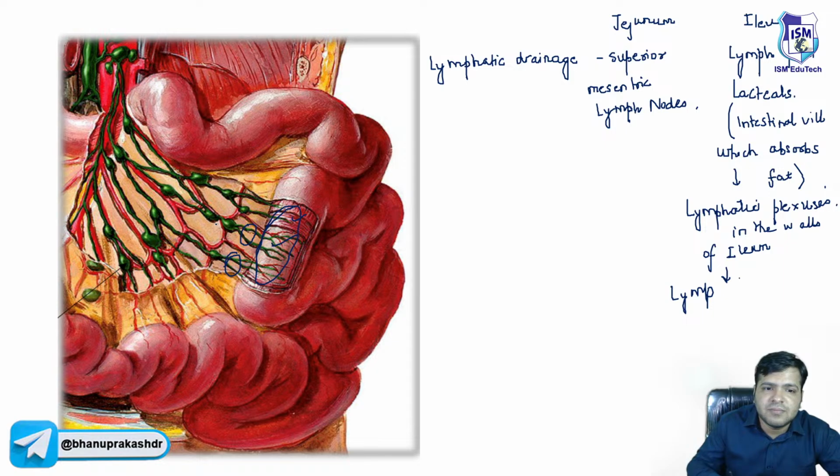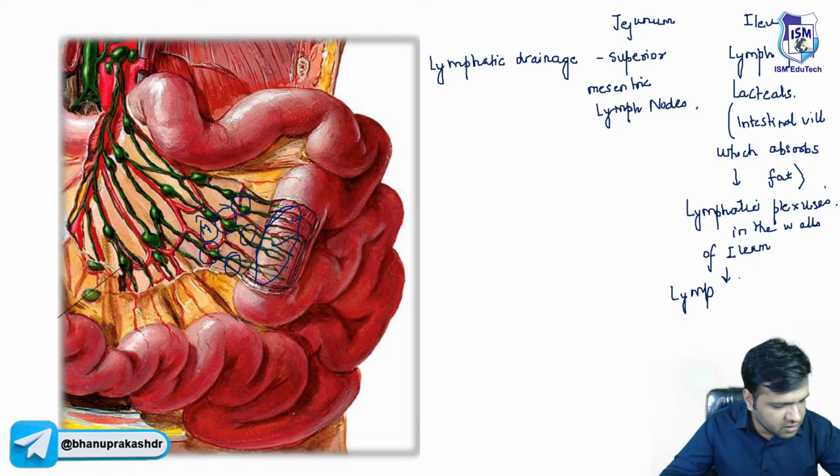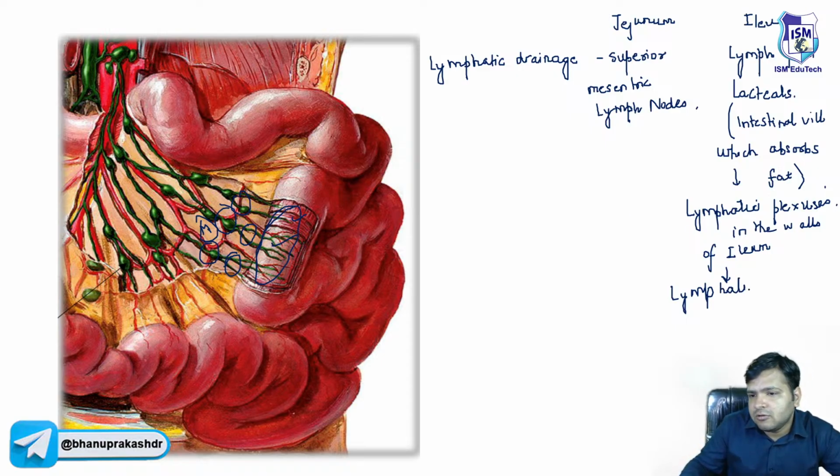You can see this is the mesentery, and in the mesentery you can see these lymph nodes. Then it will drain into juxta, juxta means side, juxta intestinal lymph nodes.